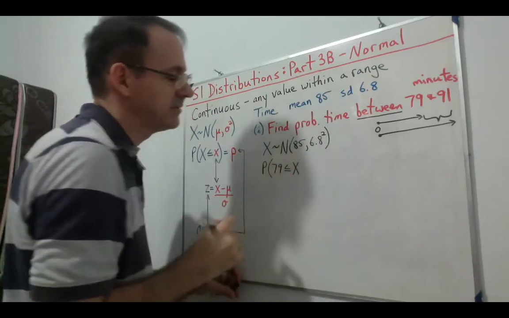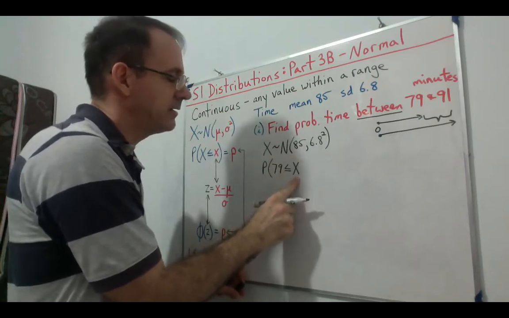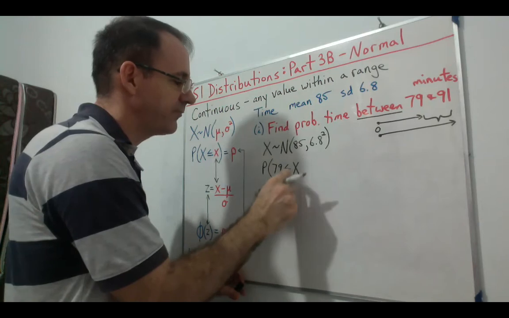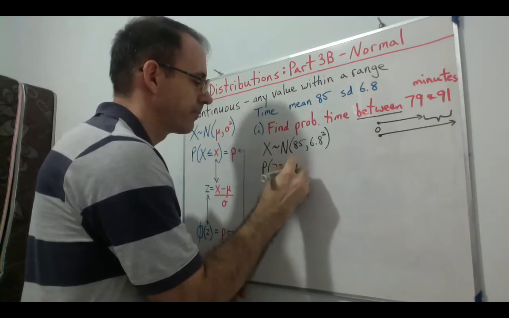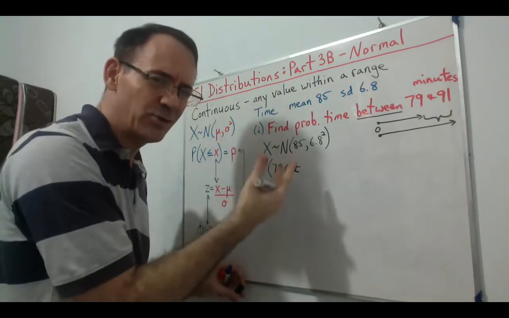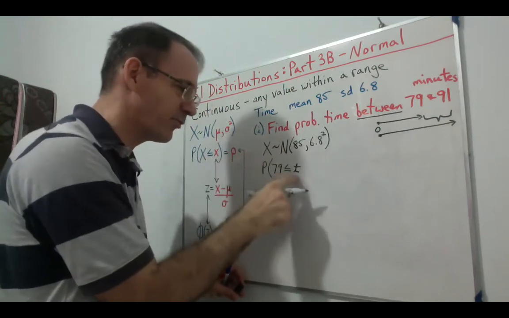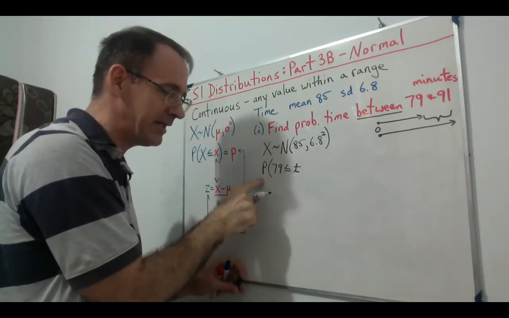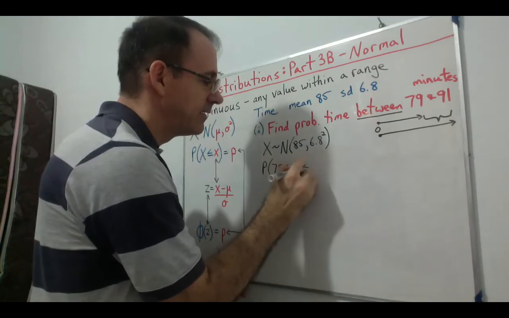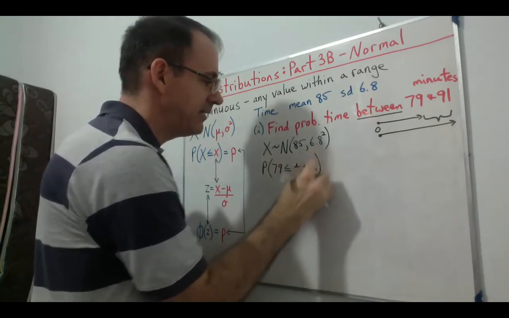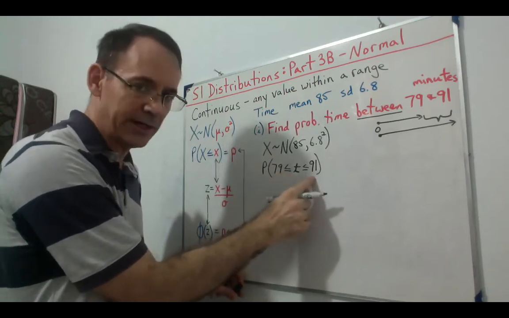Here's our x, our random variable, which represents time. You could even call it a little t here. How you put the variables is not super important. X is your random variable. It represents time. So what is the probability that our time is between 79 and 91? So this is one way of writing it. It's between these two values.